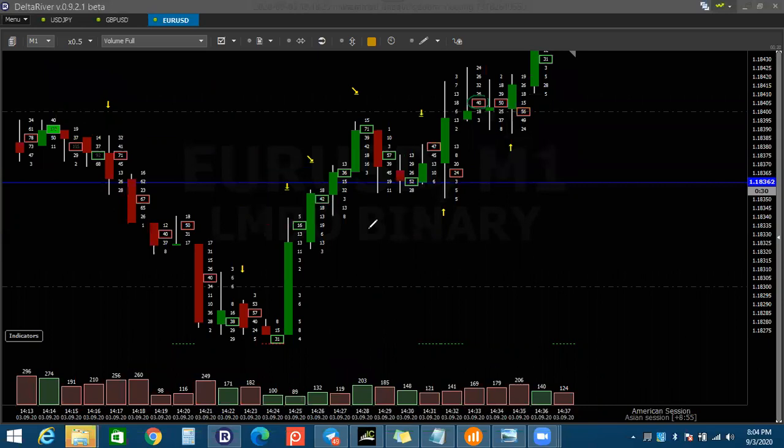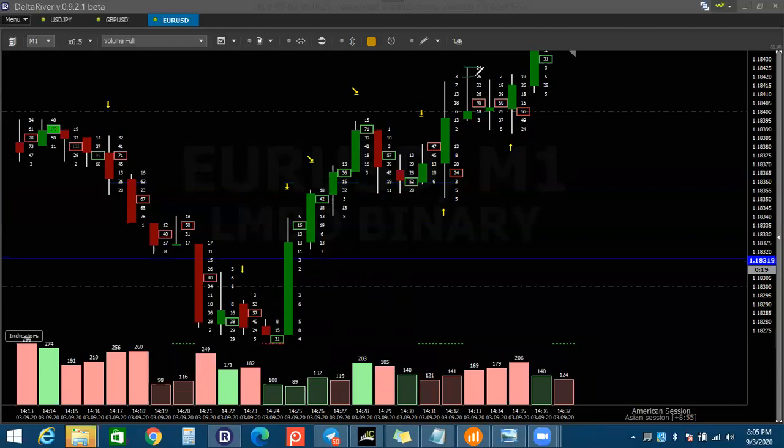Okay, good. But the closing price has a little bit of difference. There is one tick from this level. It means the sellers are not strong here, not strong here, not strong here. They are strong here.